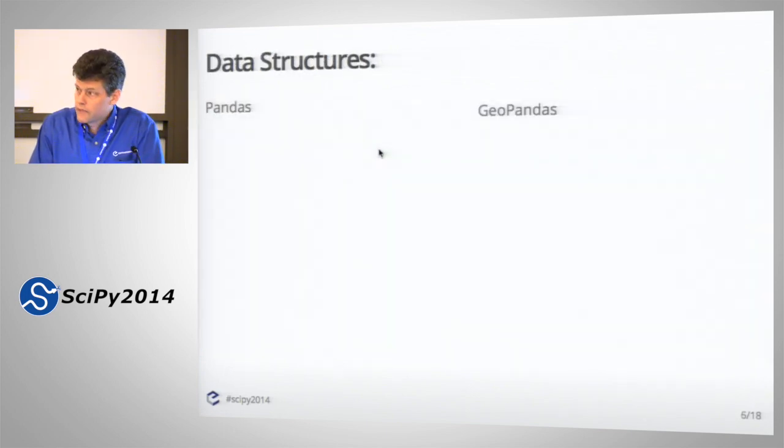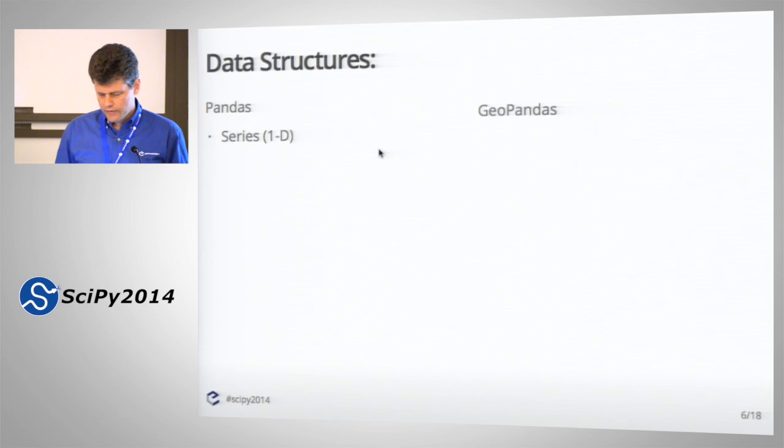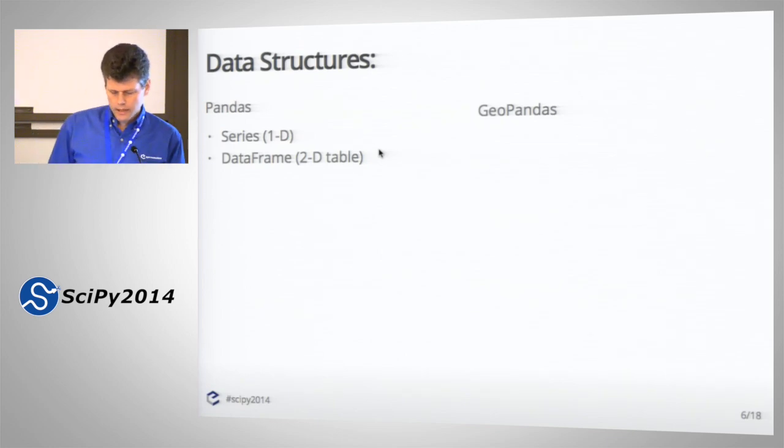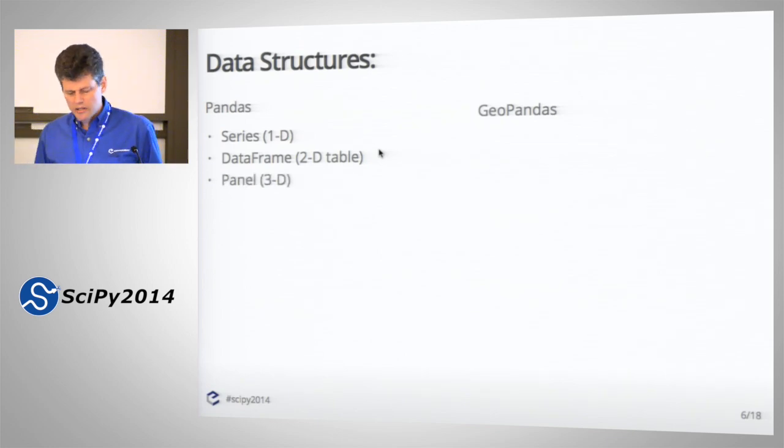If you're familiar with using Pandas, and I think most people at this conference are, and if you're not, look into it because it's a really powerful tool. The main data structures relevant here in Pandas are a series, which is just a 1D set of data that can be indexed; a data frame, which is a table, a two-dimensional data set with rows and columns that may be labeled and indexed; and higher dimensional objects, a panel, which is a set of data frames.